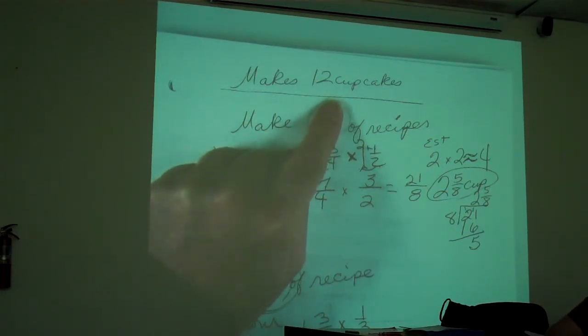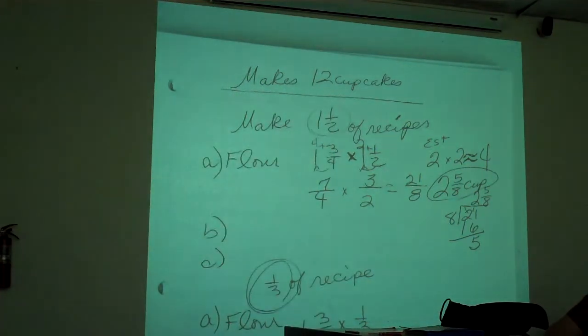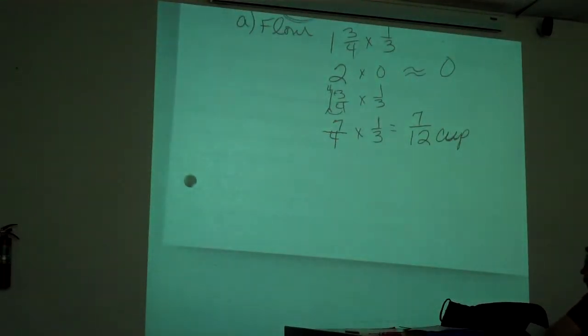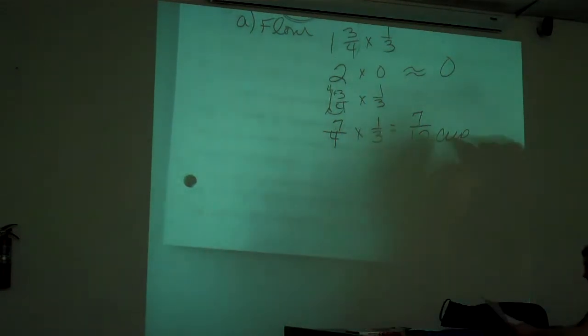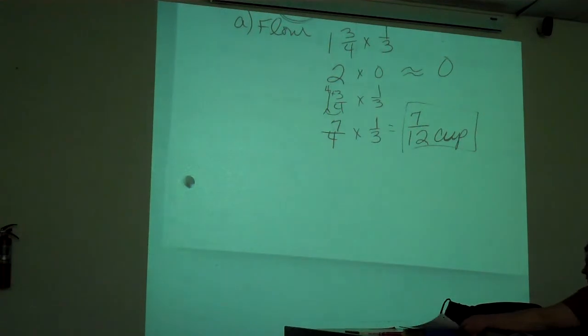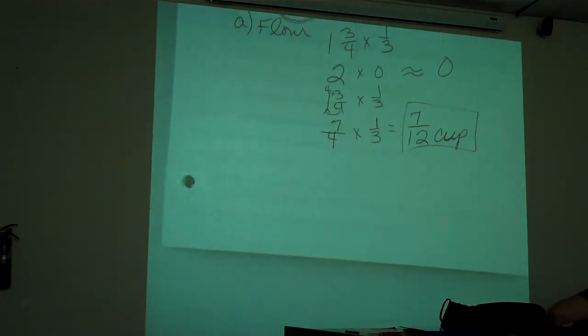You're making 4 cupcakes. I wouldn't do it either. I'd do a whole recipe and freeze part of it, or make them all and freeze them after I cooked them, or hand them out to several different people. But this is actually how much flour you would use for four cupcakes. So 7/12 of a cup.